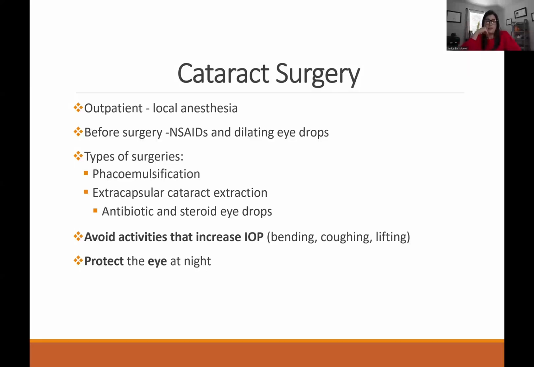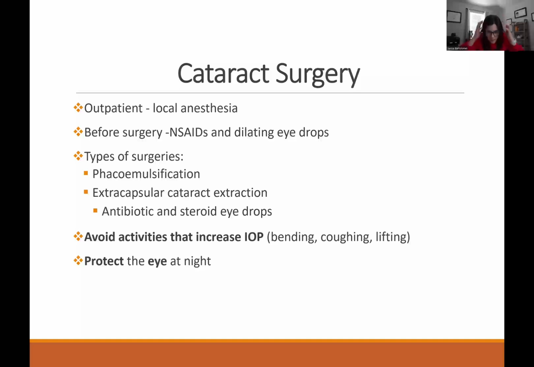And they tell you not to increase your chances of increased intraocular pressure. So any activities that will increase intraocular pressure are prohibited. And so what are those activities? Well, think about intraocular pressure buildup as anything that makes your head pop.